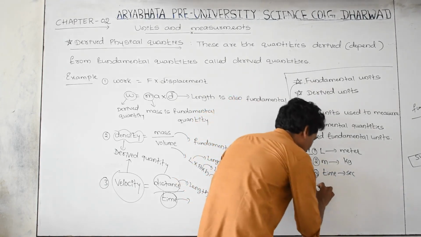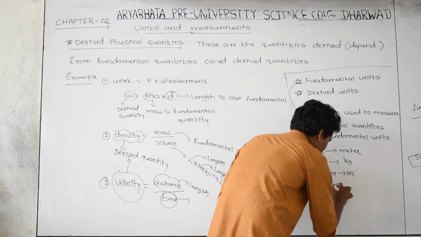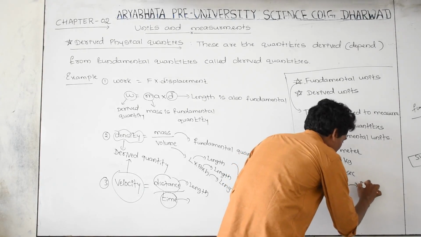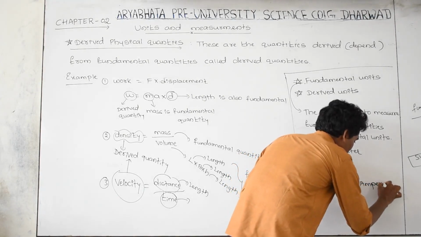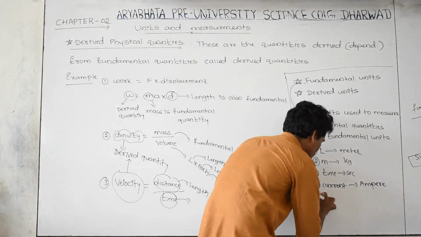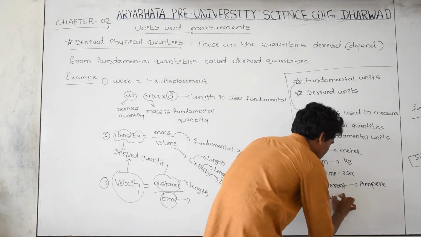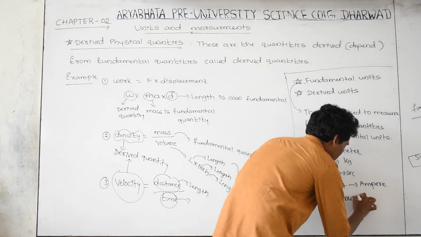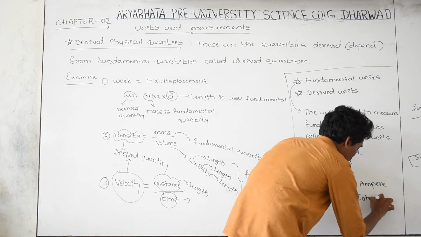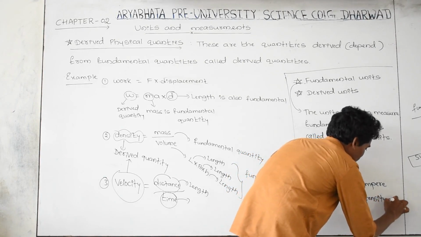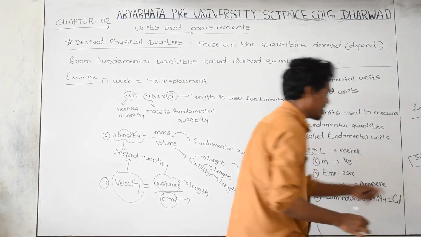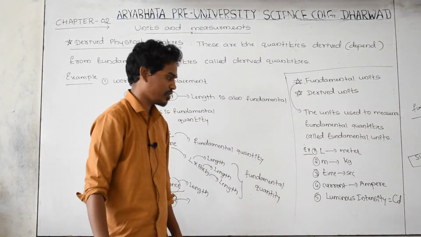Like that, current. Its SI unit is the ampere, a fundamental unit. Next, luminous intensity. Its fundamental unit is the candela, indicated as cd. Next I will discuss what candela means and its definition.